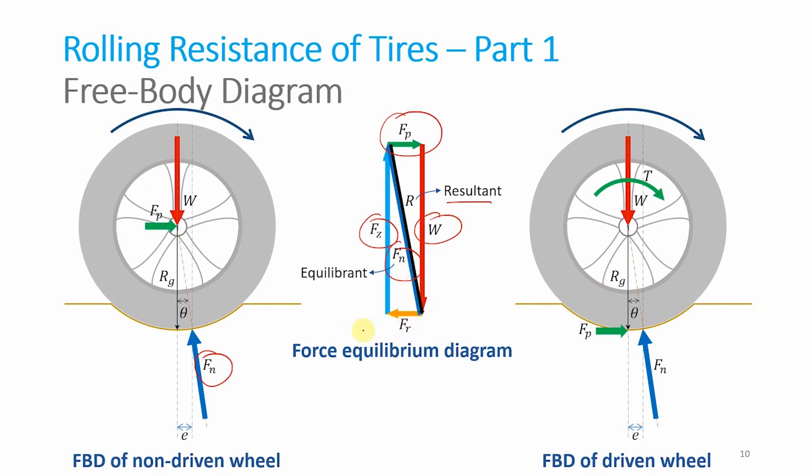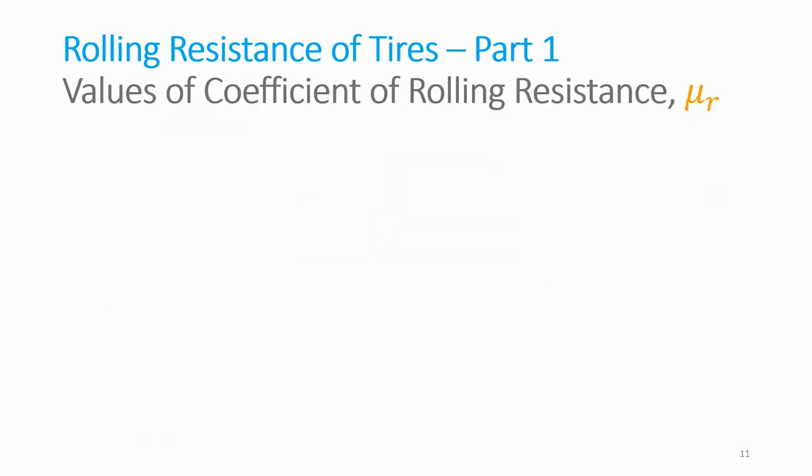This completes the force equilibrium diagram for both cases. Again, this is interesting because we have only one force equilibrium diagram for a non-driven wheel and a driven wheel. Now let's come to a slide where we discuss the normal values of the coefficient of rolling resistance.